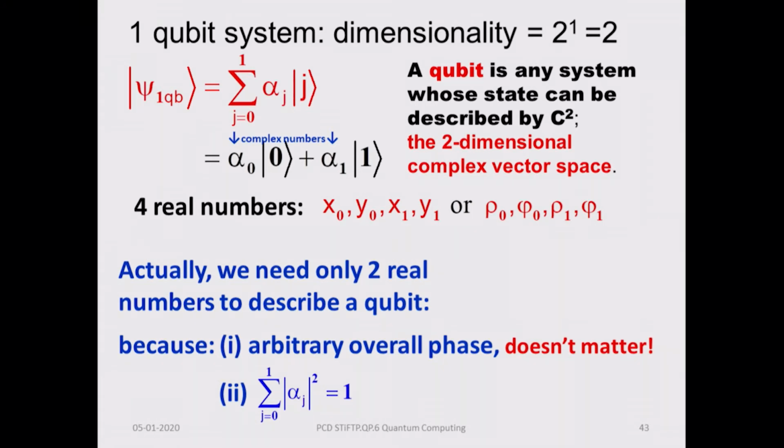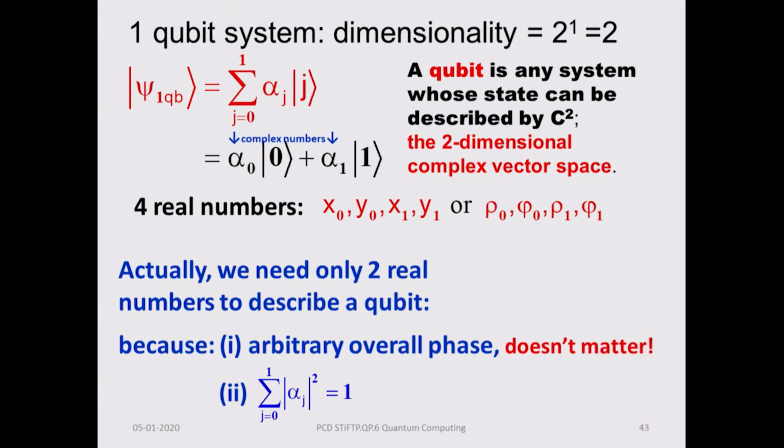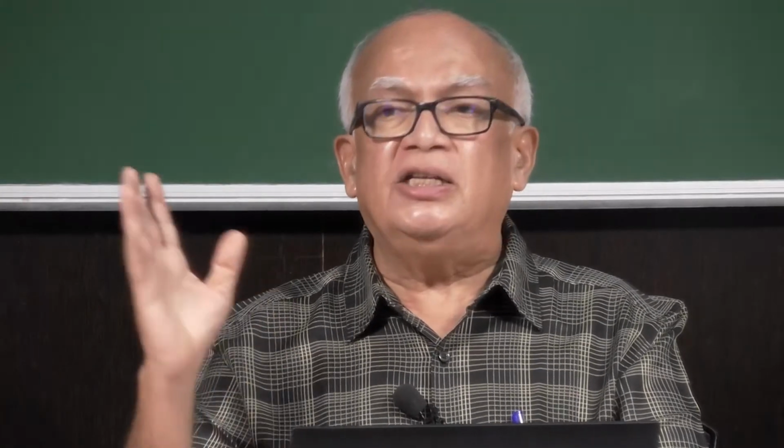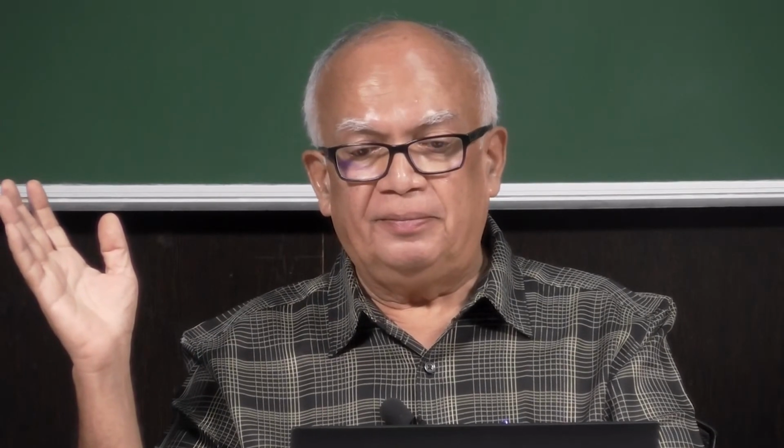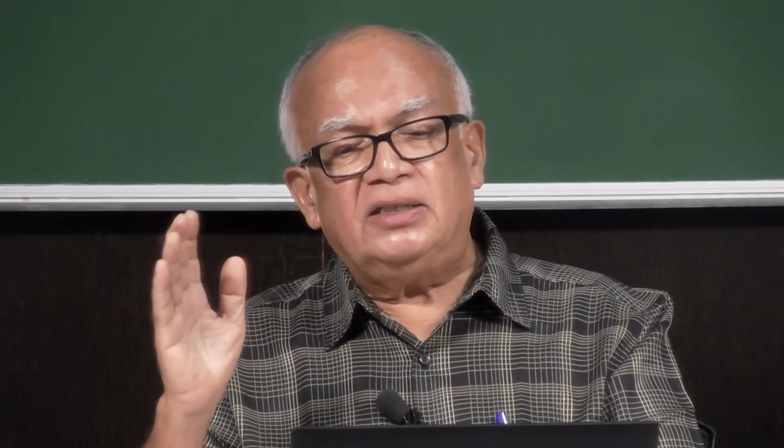Okay, you can draw the x axis over here or here or here, any which way. So, the angle becomes arbitrary. So, there is an overall angle which is a real number, which is arbitrary and you can dispense with it. And then you have the fact that the sum of the squares of the modulus of the coefficients is always unity.